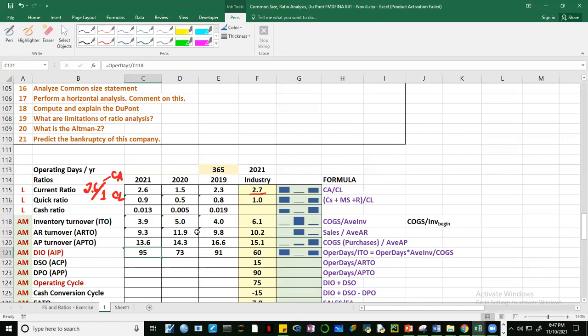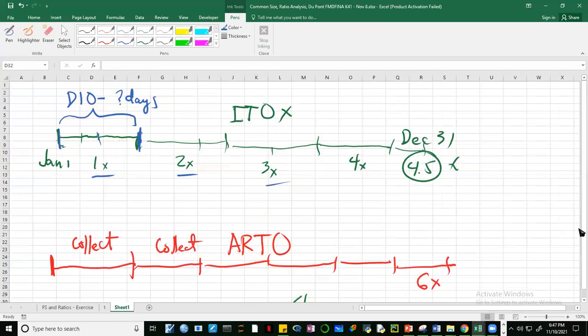Now, compare that with the direct competitor, 60. Houston, we have a problem. Okay? You realize, guys, we have a problem. Kasi, kung titingnan natin yung illustration natin, dito tayo 95 days, di ba? I-plot natin yan. Ito, 95 days to.